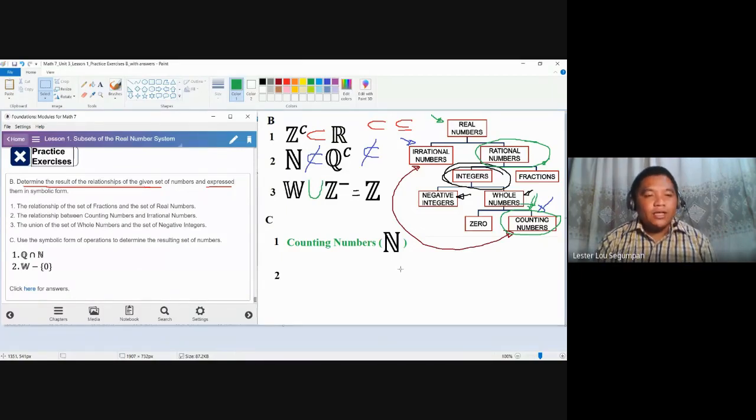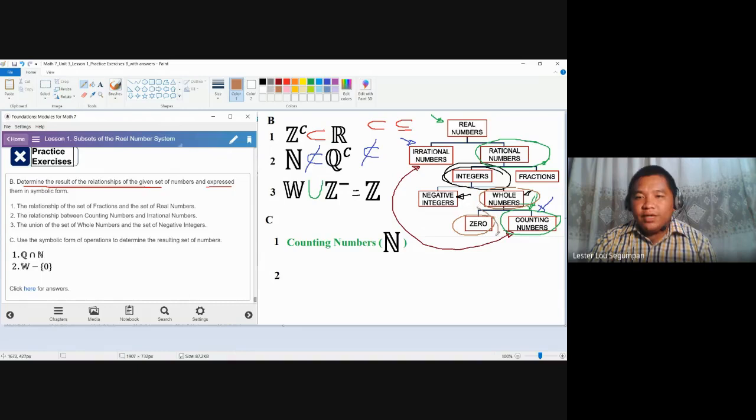Number 2, the set of whole numbers, less, because we said subtraction, less, or removing, the set containing 0. So this is the whole group of whole numbers here.